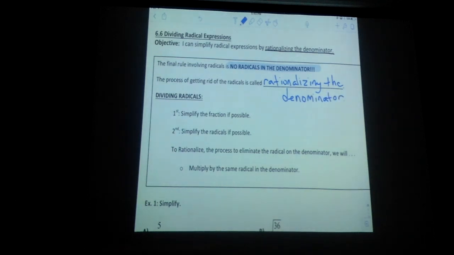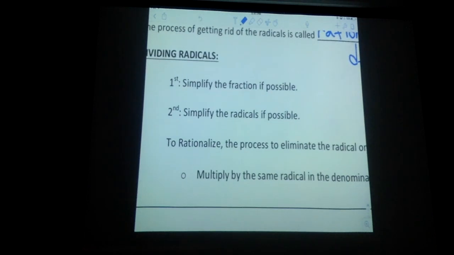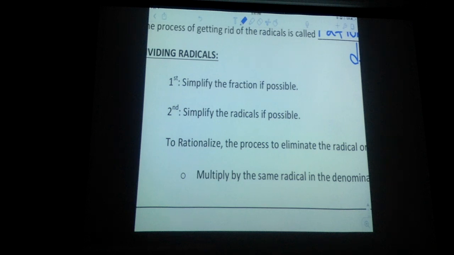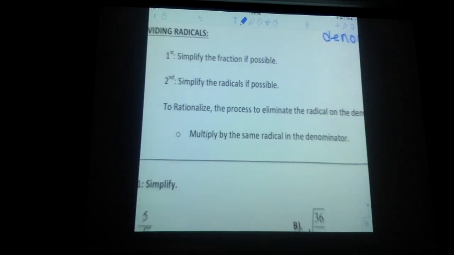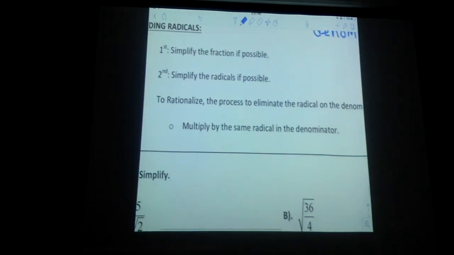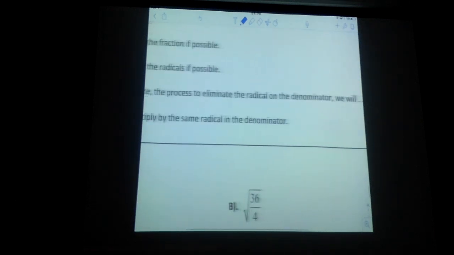So here are the steps to dividing radicals. Step 1, simplify the fraction first if possible. Step 2, simplify the radicals if possible. And then in step 3, you're going to rationalize. In other words, it's the process of eliminating the radical on the denominator.